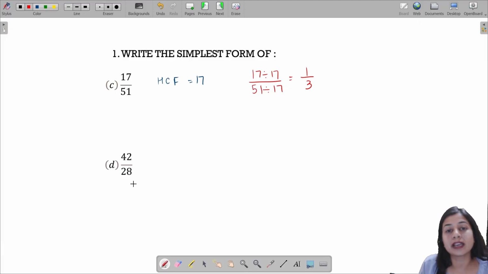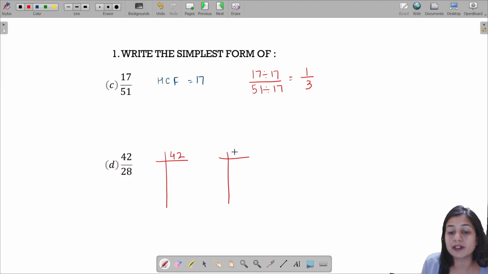Let me explain to you all one more method of finding the HCF, that is using prime factorization. So here we are going to write the prime factors of the numerator 42 as well as the prime factors of the denominator 28, right? So first of all, starting from 2, 2 twos are 4, 2 ones are 2, 3 into 7 is 21, 7 times 1 is 7.